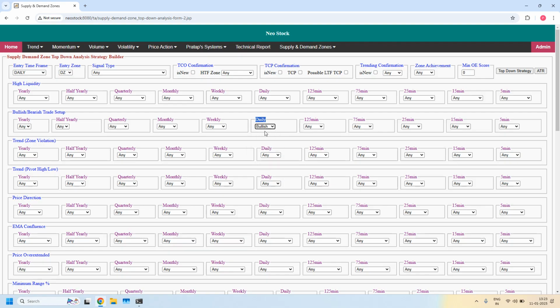The meaning is we are instructing the software to generate a bullish trade setup on the entry time frame daily. That is nothing but a monthly income trade. Okay, now for this daily demand zone, you need to set 3 filters.